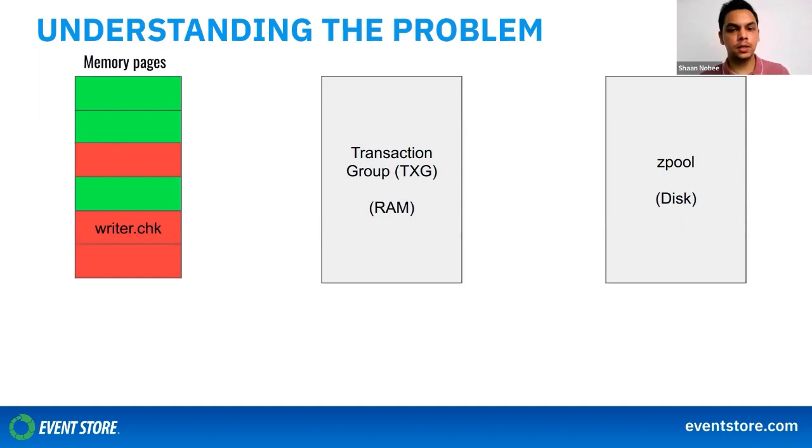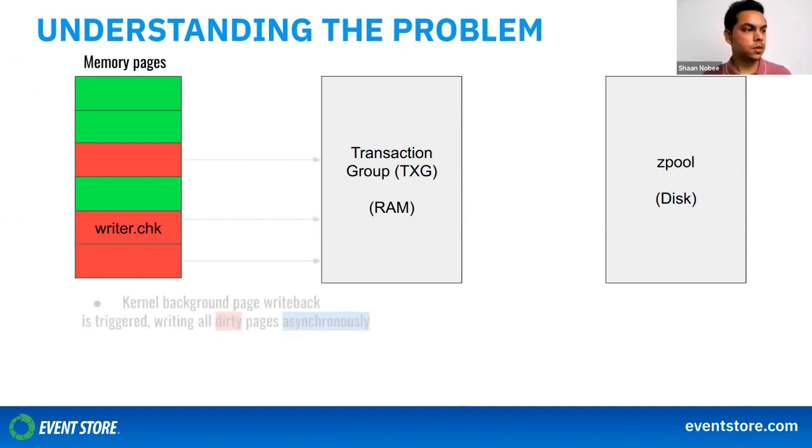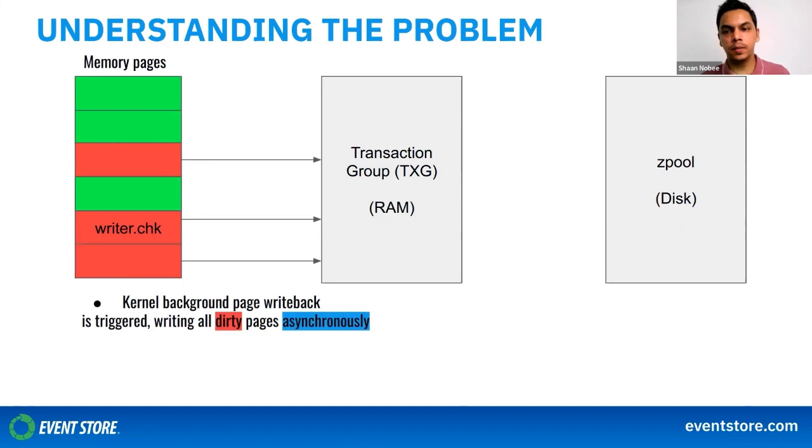On the right, the scenario is as follows. When one of the thresholds in the kernel is reached, the dirty page writeback thresholds, a background page writeback is triggered, which writes all the dirty pages on the system asynchronously to the disk. It's important to note here that the kernel page writebacks are done asynchronously.